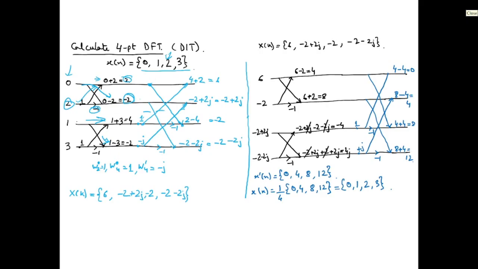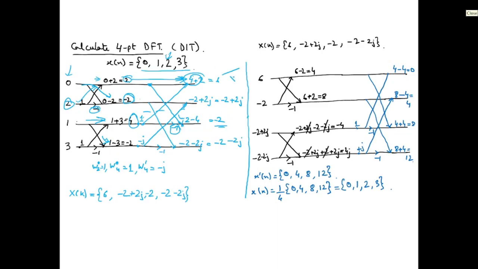So again, if you see, at this point from here we are getting 2, and from here 4 multiplied by 1, 4 plus 2, we get 6, and at this point we get 2, then this 4 is getting multiplied with minus 1, 2 minus 4, minus 2. In this way we get these values.